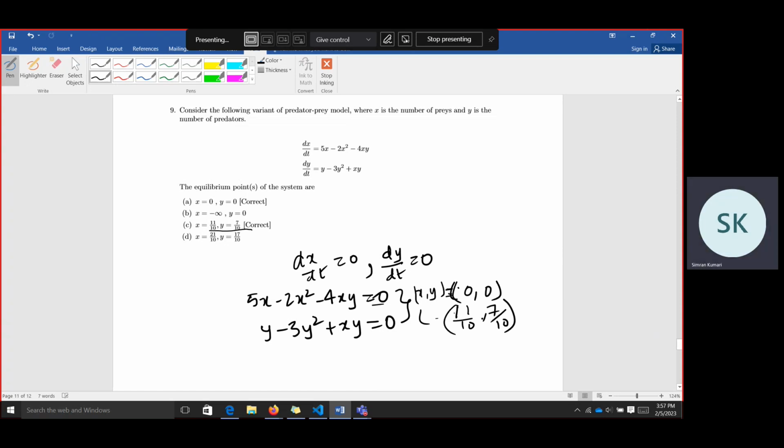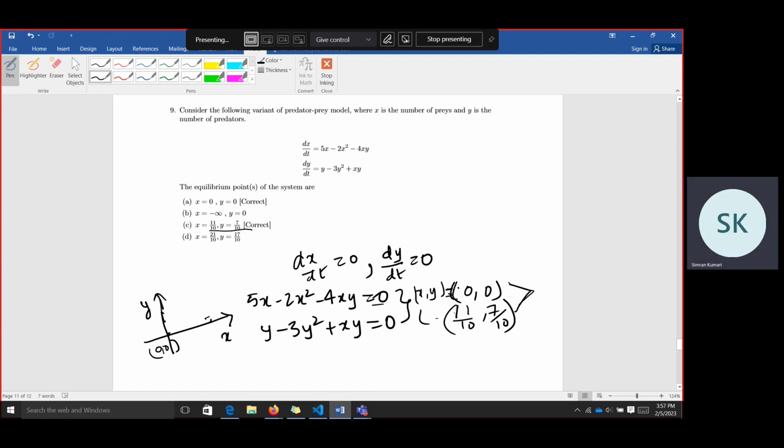So there are two equilibrium points that we have found. This is X, which is prey, and this is the predator.